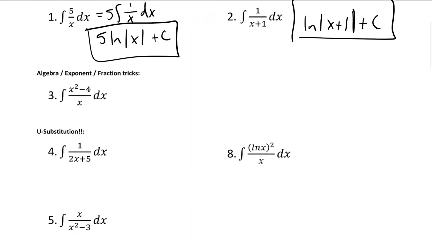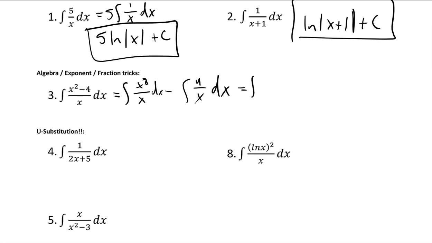All right, and we've seen a little bit of rewriting things. So if you can do some algebra first, or some exponent tricks first, or fraction tricks first, then sometimes that's what you want to do. So looking at number 3, it does look a little bit harder. It doesn't look immediate what we should do, but let's go ahead and split apart our fraction. Remember, splitting apart numerators is fine, just don't try to split apart denominators.